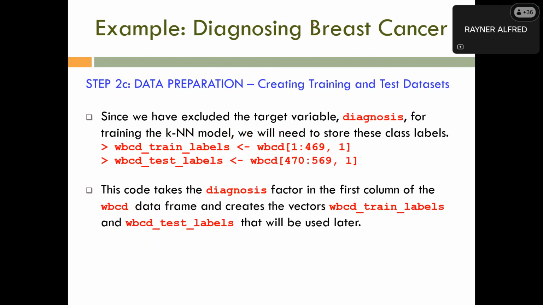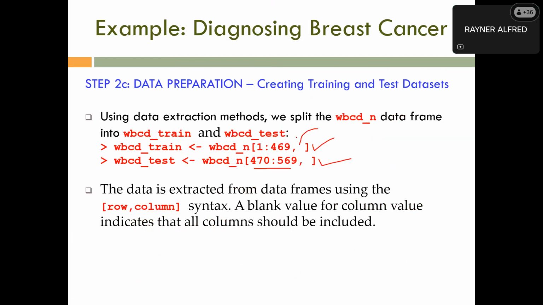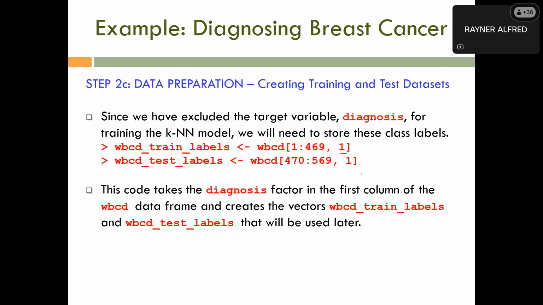Okay, so this one also, we are looking at the first column. The difference between this one is we are looking at all the columns. This one we are looking at the first column. So we are keeping the label for the training and also for the testing. Okay, so this is the label. We keep the label here.